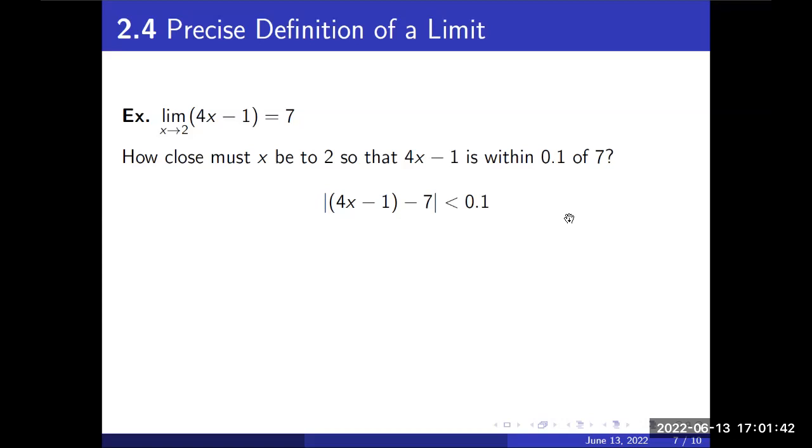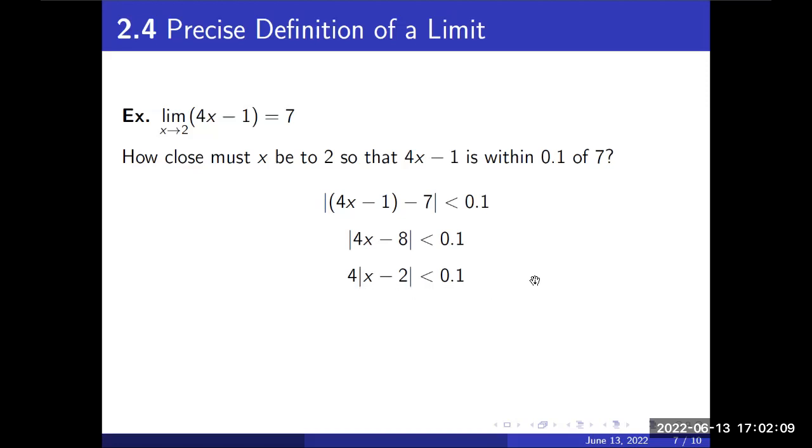So let's just go ahead and subtract. That's the absolute value of 4x minus 8 is less than 0.1. We can factor out the 4. Because 4 is positive, we can just take it right on out, no problem, outside the absolute value. So we got 4 times the absolute value of x minus 2.